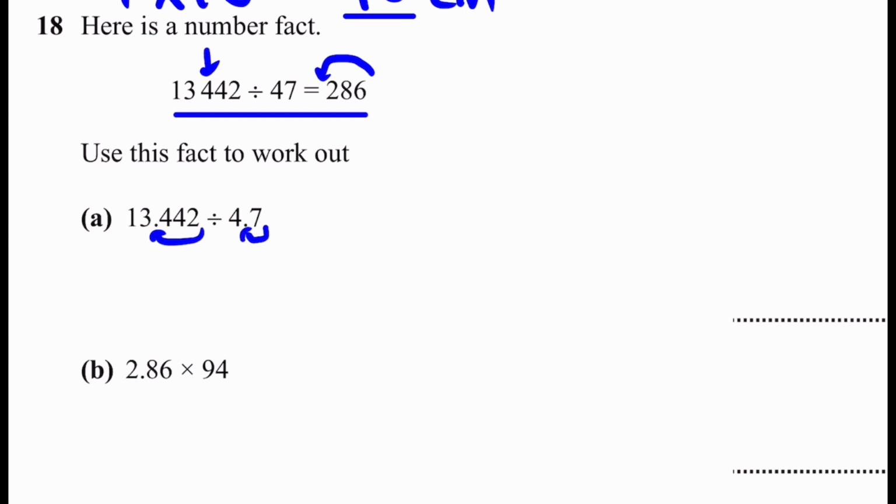And because we are dividing by a smaller number, the answer will be larger. In this case, it will be larger by 10 because the decimal place in the answer will move 1 to the right. So it will move from here to here. And that'll make 2.86.